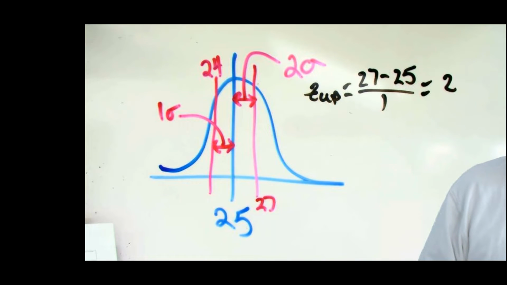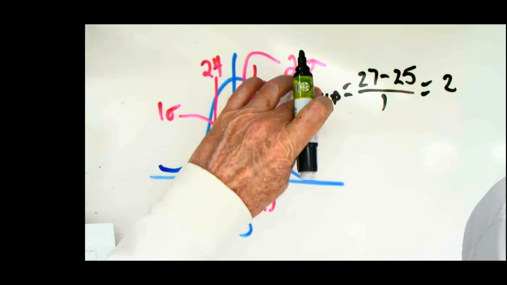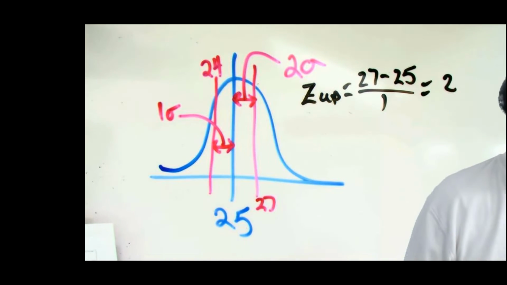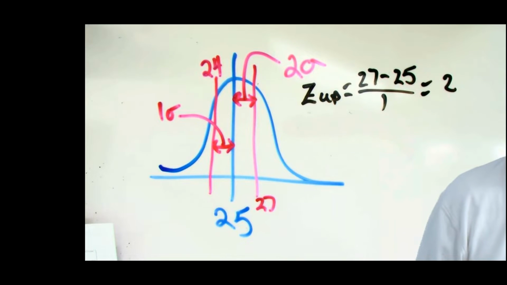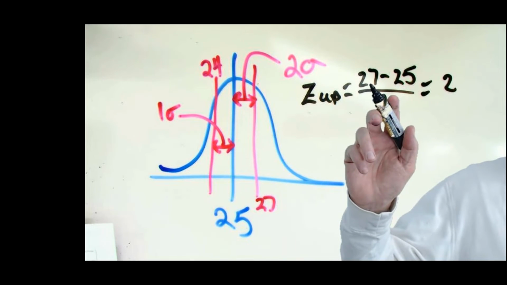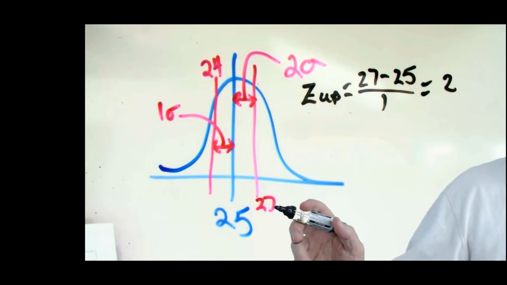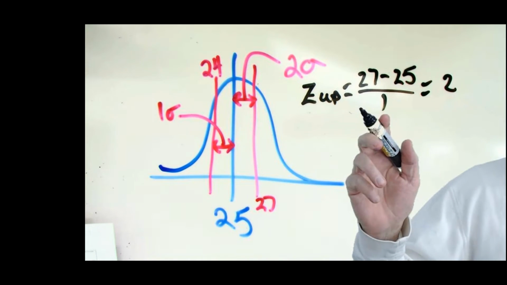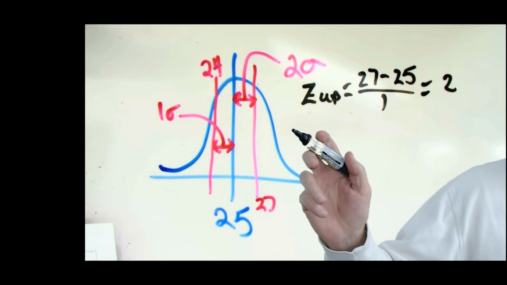I'm sorry, what is the something equals? This is Z upper. Oh, Z upper, okay. Z upper equals the upper spec limit, which is 27, minus the average, which is 25, divided by the standard deviation, which equals 1.